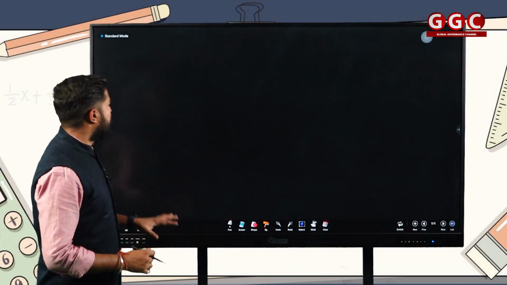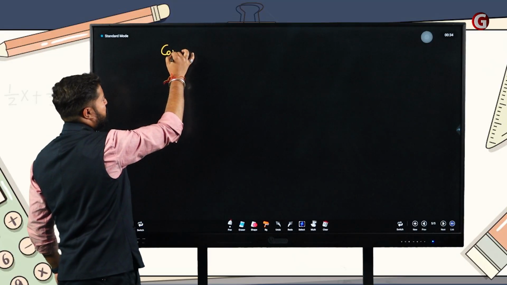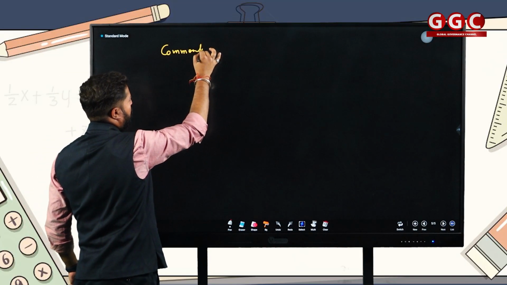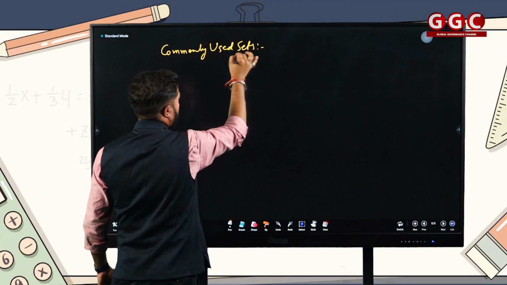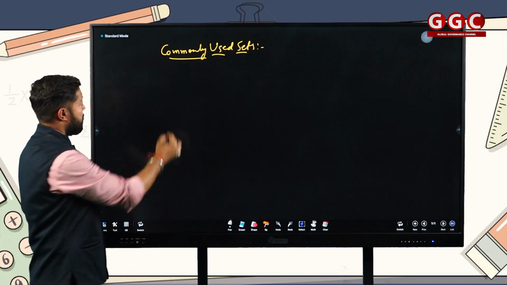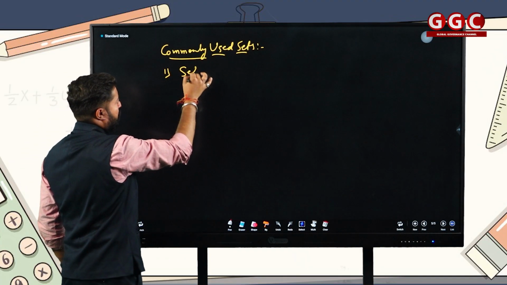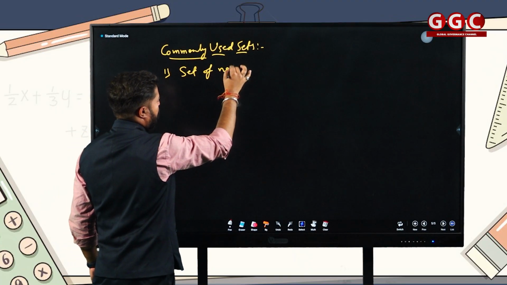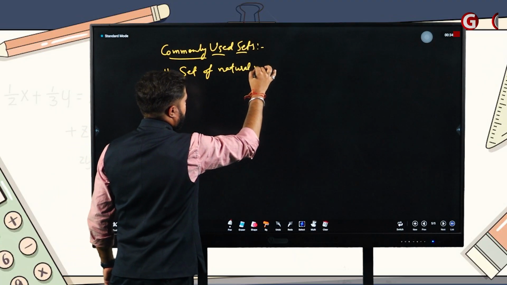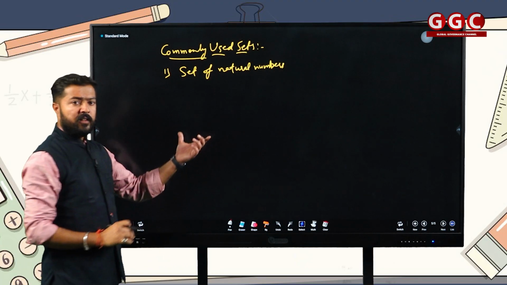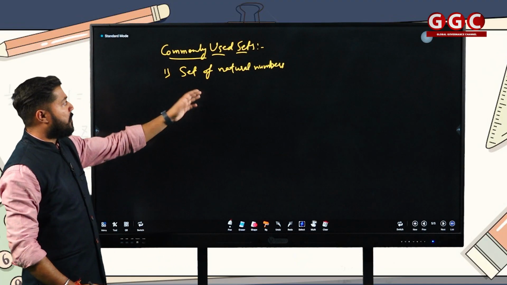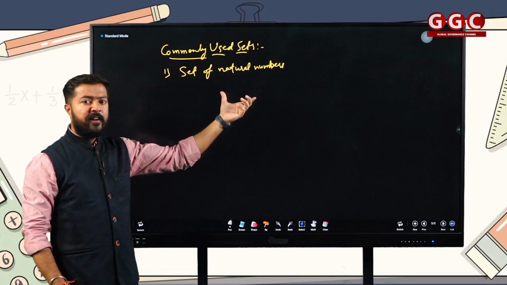Now we will discuss some commonly used sets. First is the set of natural numbers. This is a set obviously because all natural numbers is a well defined collection.